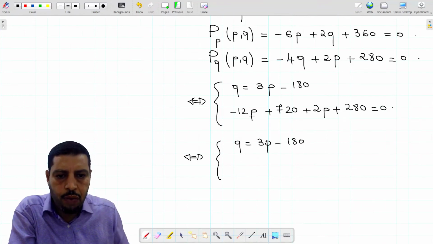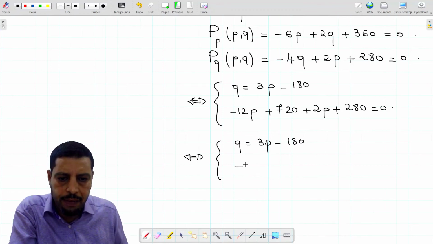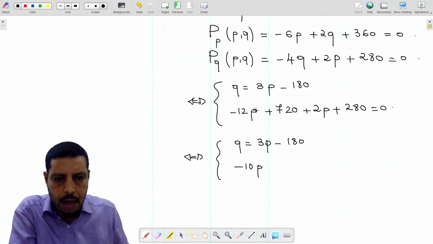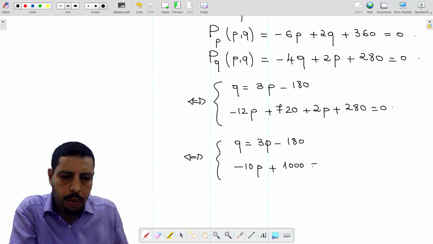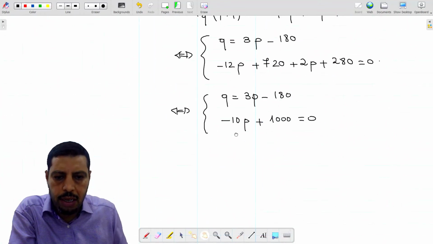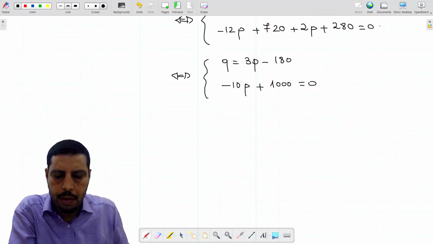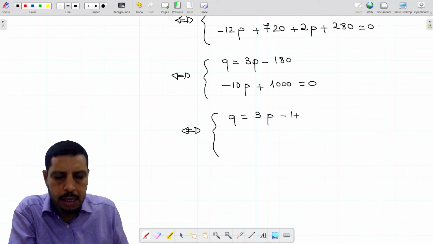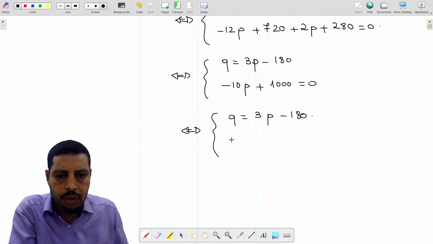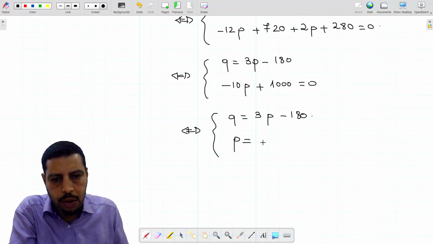Here, negative 12p plus 2p, which is negative 10p, plus 720 plus 280, so plus 1000, equals 0, which is equivalent to q equals 3p minus 180, and 10p equals 1000, which is equivalent to p equals 100.